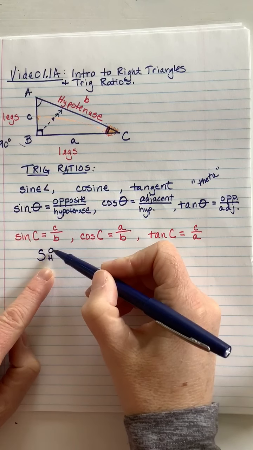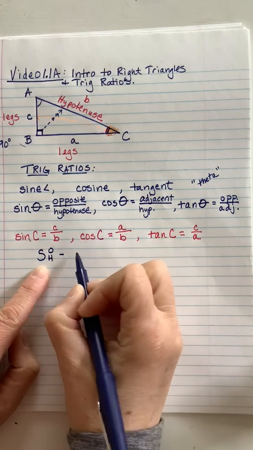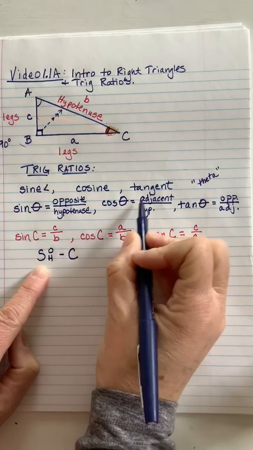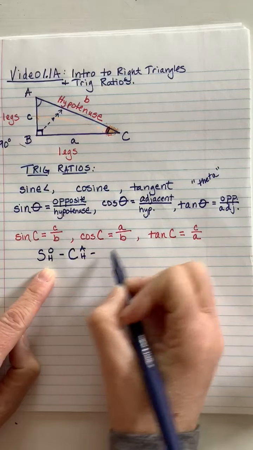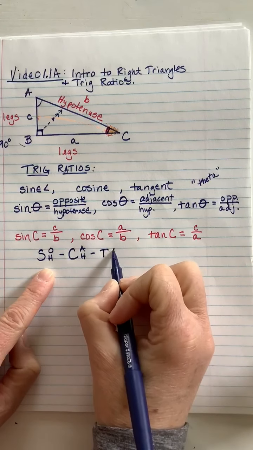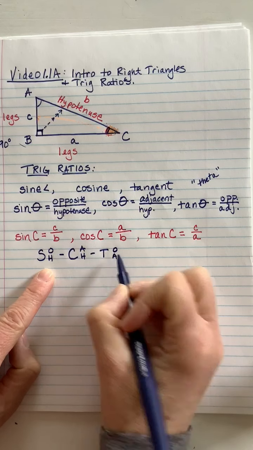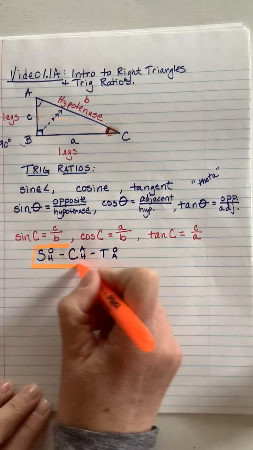So if I write it like this, I remember that sine is opposite over hypotenuse. Cosine is adjacent over hypotenuse. And tangent of an angle is going to be opposite over adjacent. So right there, that's where all the money is. So SOH CAH TOA.